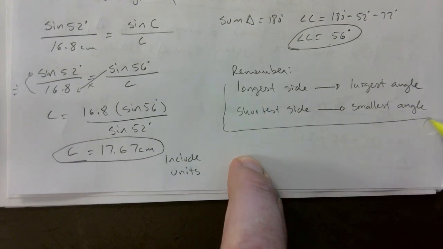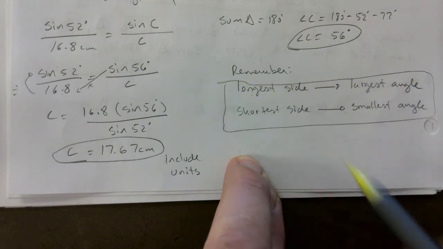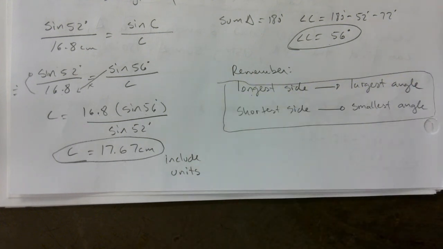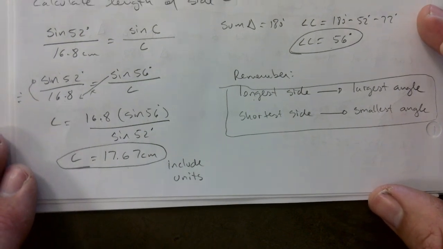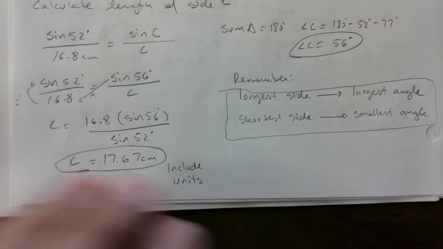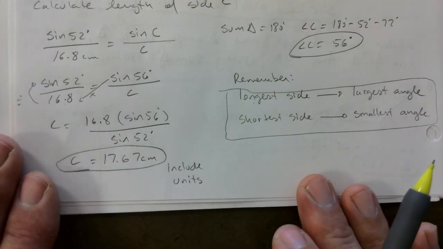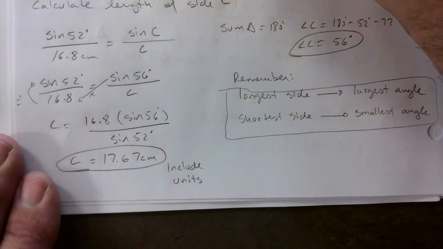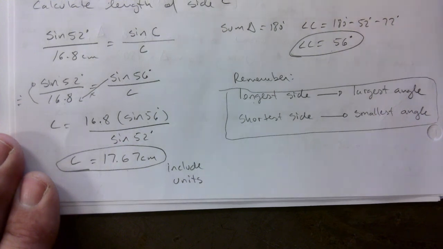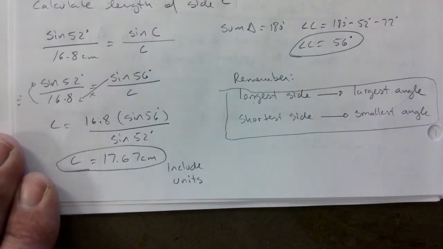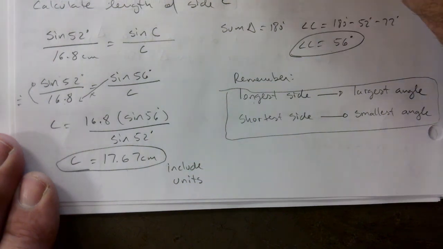Okay, this is a very good check here. So if we go back and label all of our sides, I'm just going to go up to the original. I'm just going to say this is 20.28, sorry, and the other one is 17.67. And the angle C we figured out was 56, right?